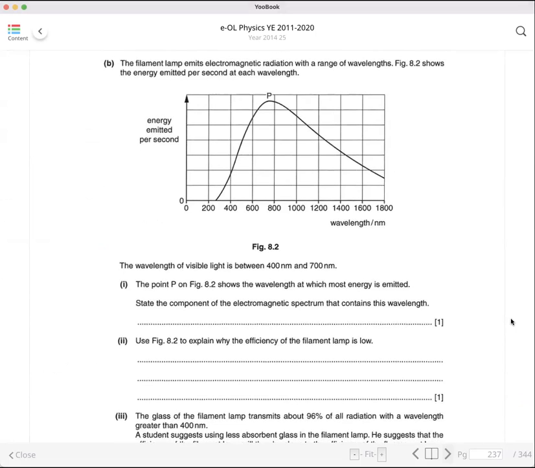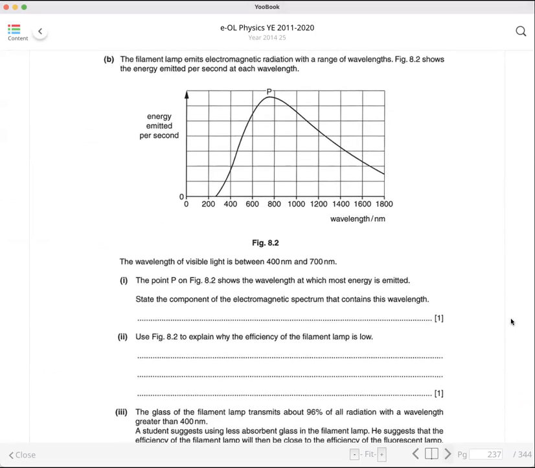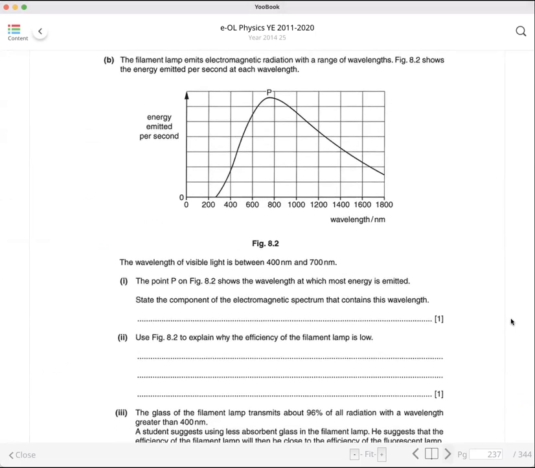Okay, I will skip this question. Do you all need me to go through this question? Okay, you want me to go through part 3? The glass of the filament lamp transmits about 96% of all radiation with a wavelength greater than 400 nanometer. So greater than 400 nanometer is here.